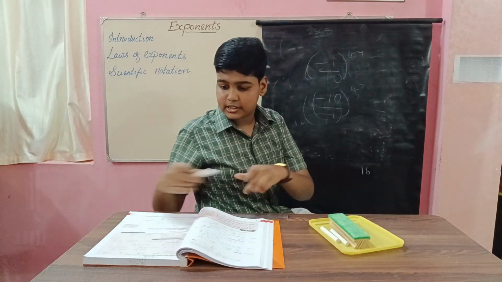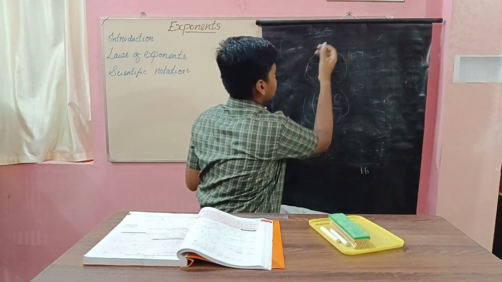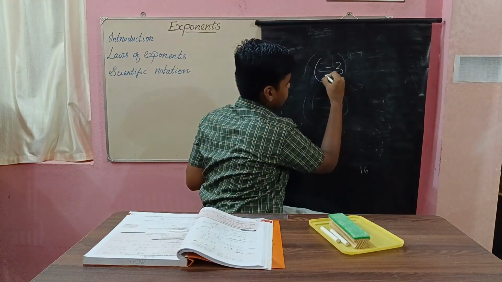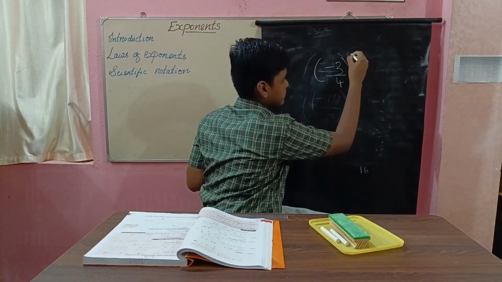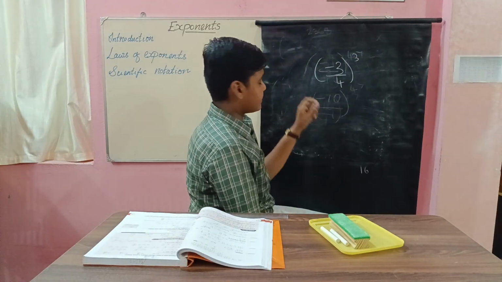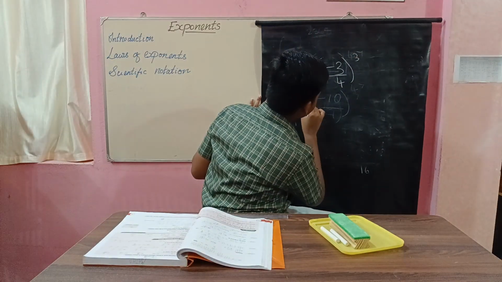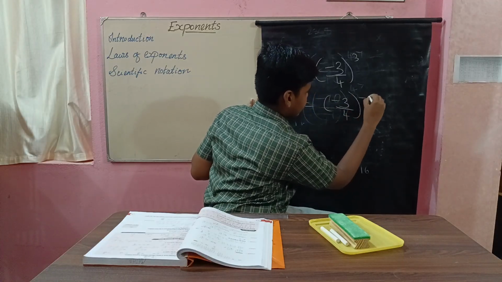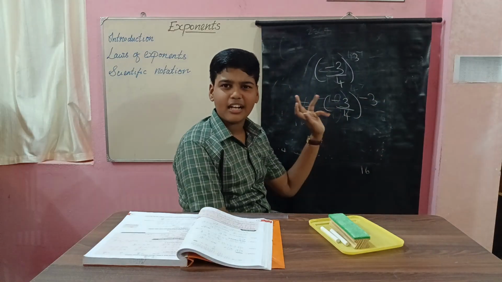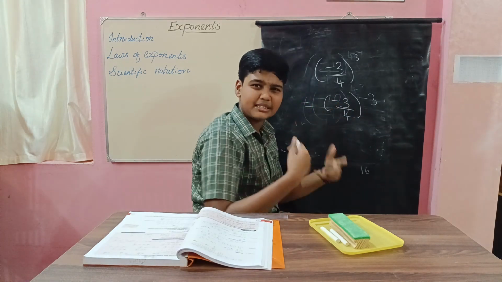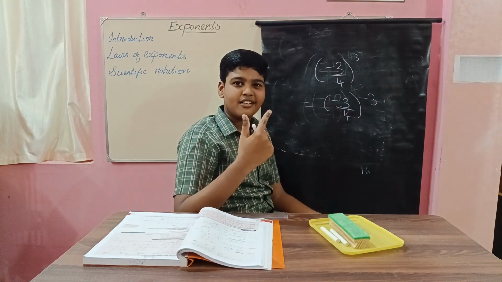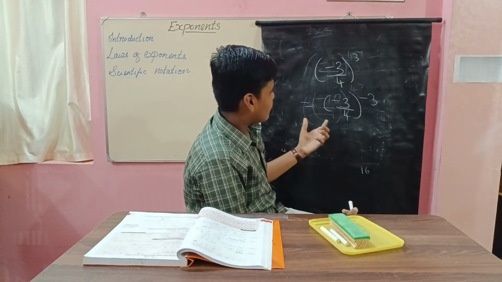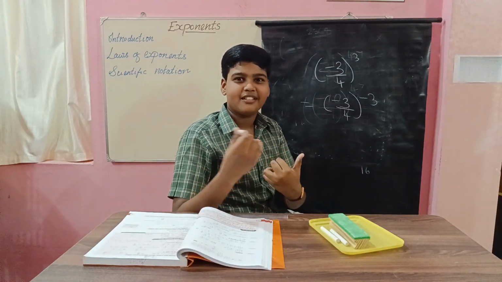If you can't understand this, let's go with a simple number. For example, minus 3 by 4 to the power of 3. To find the reciprocal, here what we need to do, it becomes minus 3 by 4 to the power of minus 3. Here what do you find? I made a mistake. I didn't make a mistake, but something is there. Can you understand it? In the previous sum I confused you.